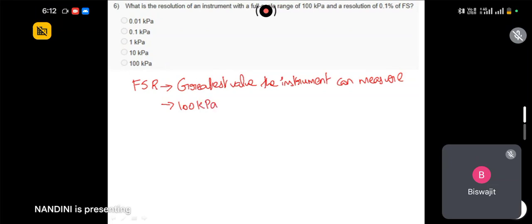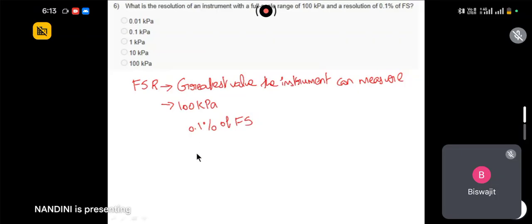So this is an instrument which measures pressure, and it has a resolution of 0.1 percent of full scale range. Resolution basically gives you how small a difference the instrument can detect. So here, 0.1% of the full scale range can be detected by the instrument.